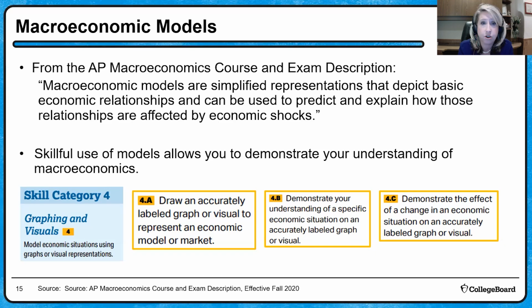So axes, curves, equilibrium, or points of interest. 4B, can you use the graph to show a specific economic situation? And that's what we're going to spend some time working on tonight. And then third, can you demonstrate the effect of a change in an economic situation on an accurately labeled graph or visual? So if we understand all 3 of these skills, we can be a little bit more thoughtful about making sure we're going through each step in our graphing process.